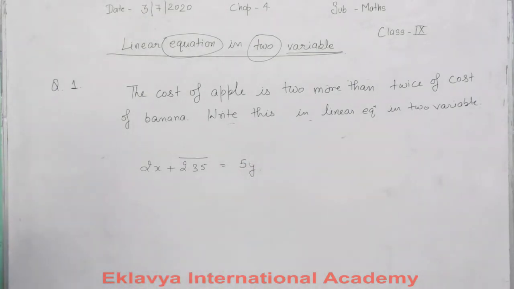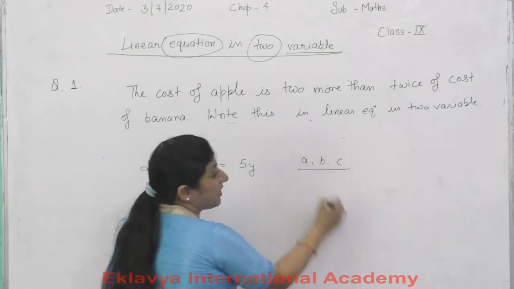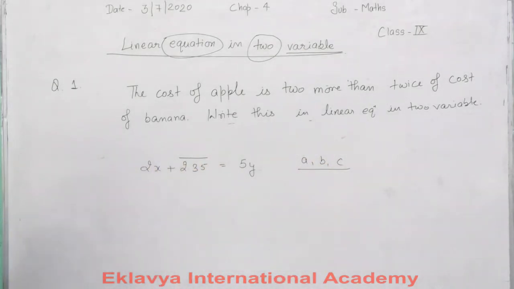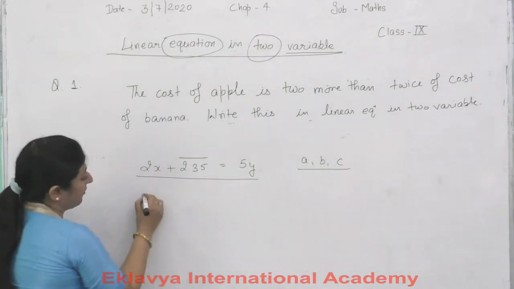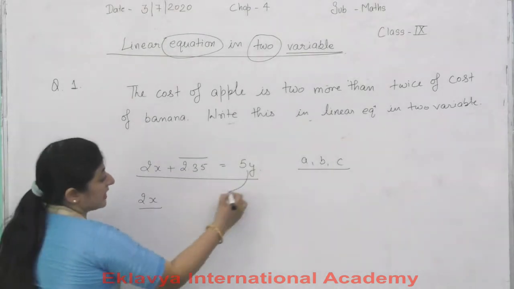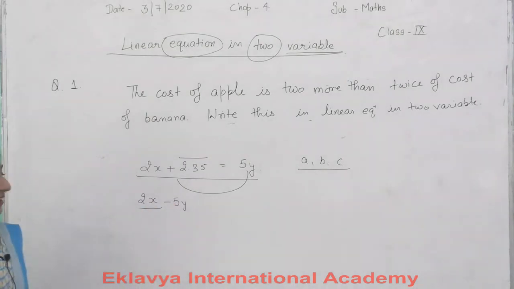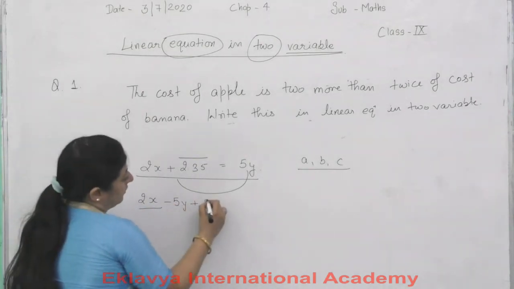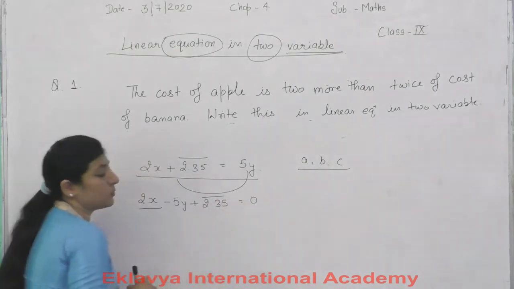Our question is, firstly write it in standard form, then find the values of A, B and C. Firstly, in standard form we need the x variable, then this 5y, when you change the side it comes with a negative sign, plus 2.35 bar is equal to 0.